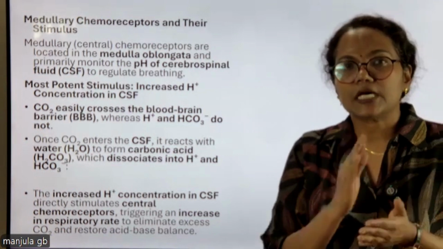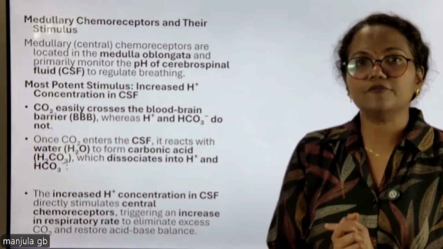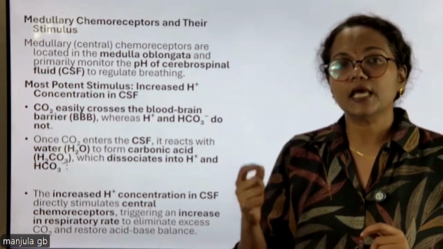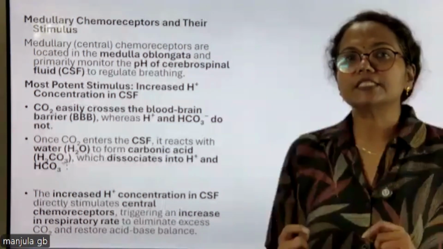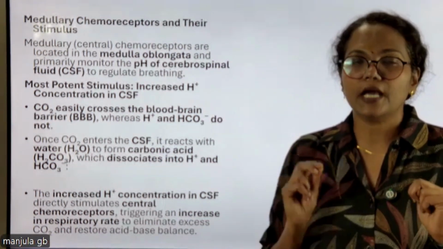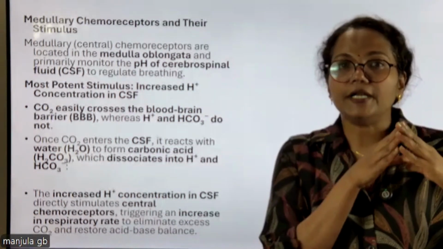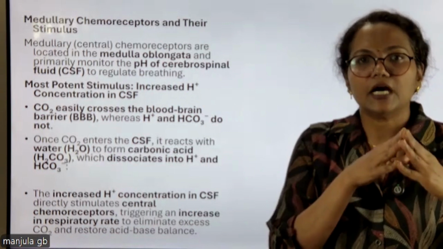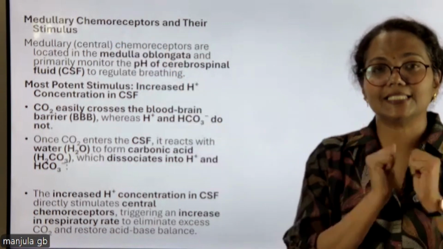It combines with the water, forming the weak carbonic acid. This carbonic acid splits into H+ ions and bicarbonate ions. These H+ ions are what the medullary chemoreceptors are sensitive to.